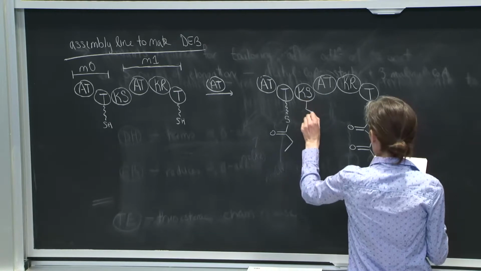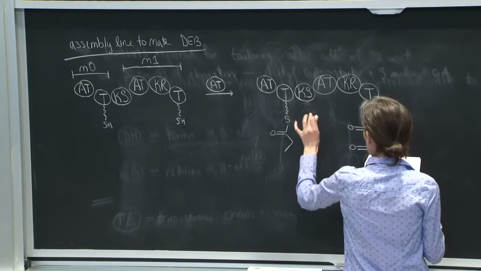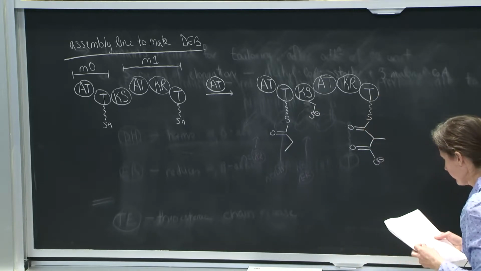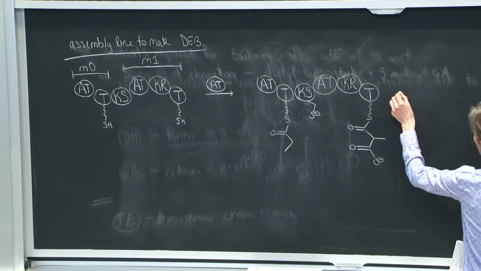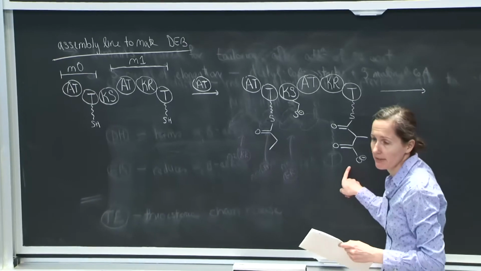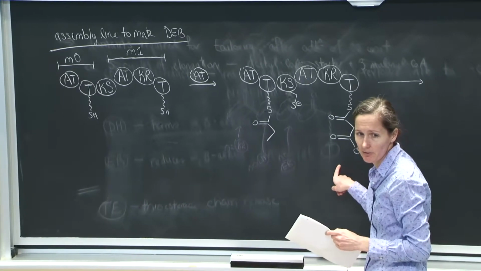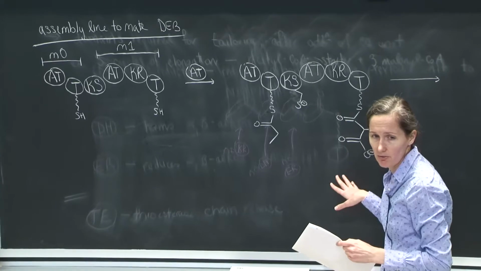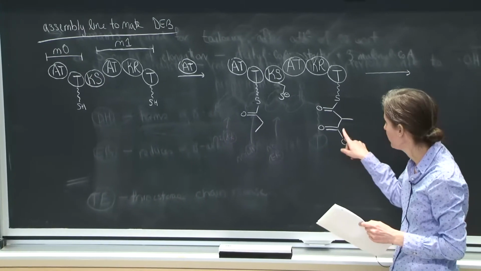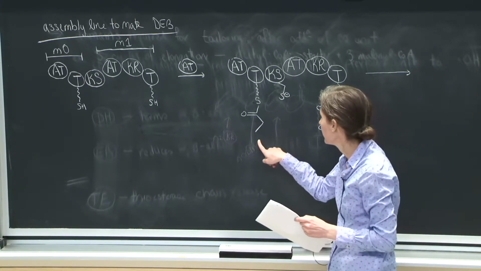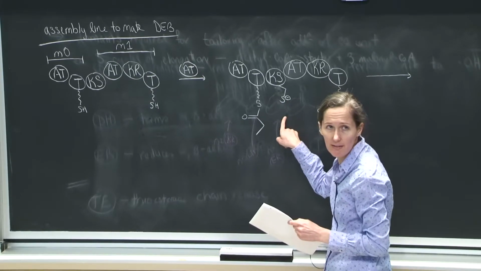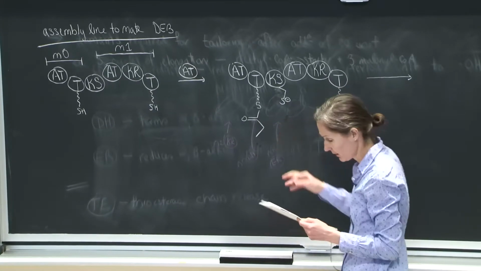Okay, and I'm going to draw the cysteine thiolate of the ketosynthase here. So what happens next? We need to have decarboxylation of the methylmalonyl-CoA monomer to give us a C3 unit, and it's C3 because of this methyl group, but the growing chain will grow by 2 carbons. And then we need to have transfer of this starter to the ketosynthase. So the ketosynthase is involved in covalent catalysis here.